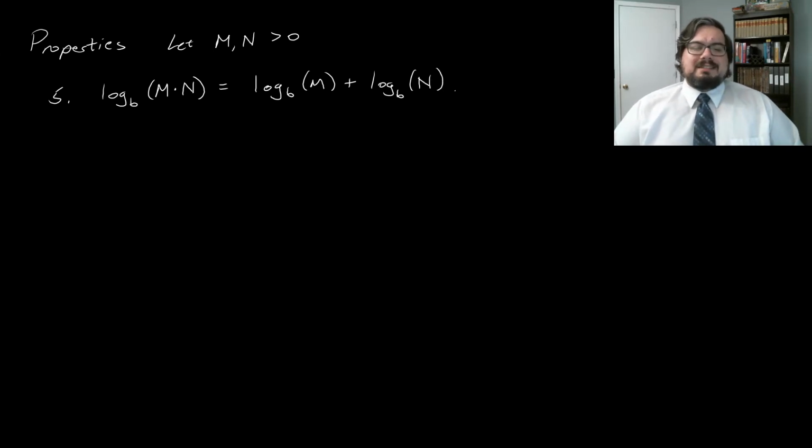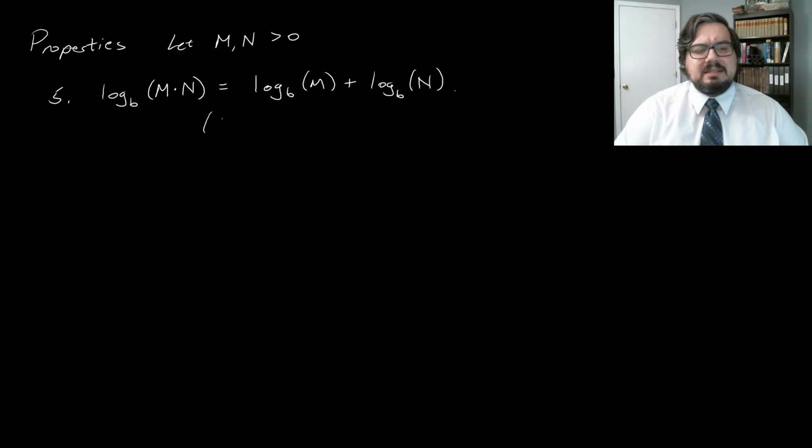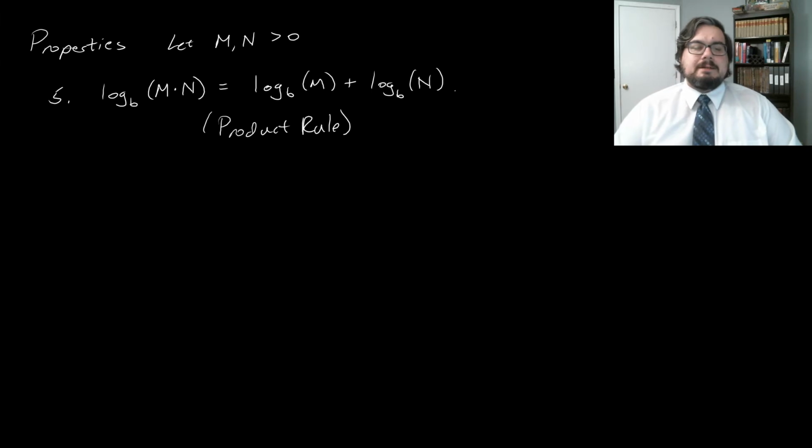So part 5 here is saying that the logarithm of a product is the sum of the logarithms. A product inside the logarithm gives us a sum outside. This is called the product rule for logarithms. First, a note: this rule only works for a product inside the logarithm becoming a sum outside the logarithm.